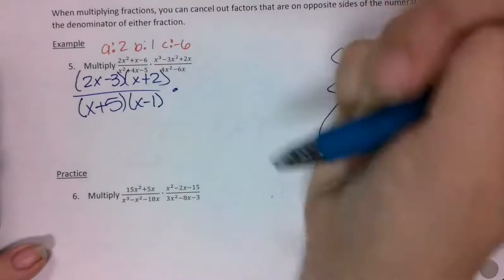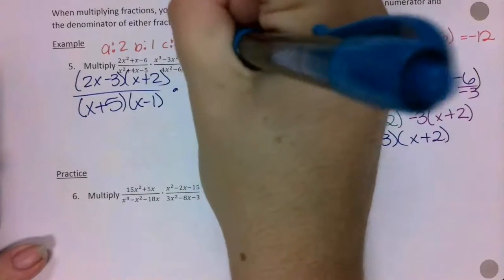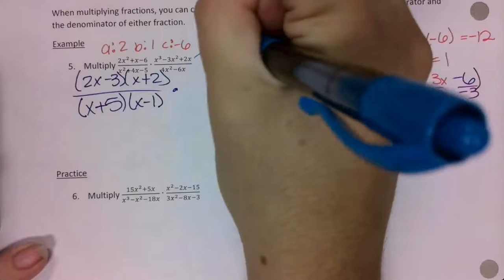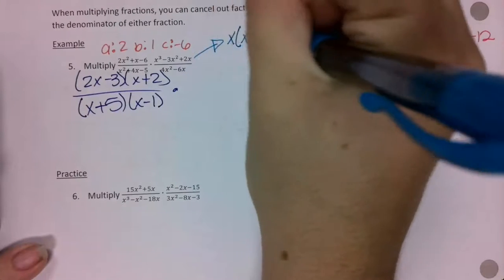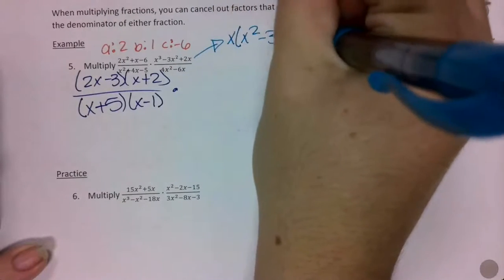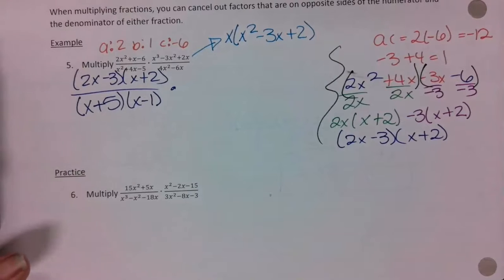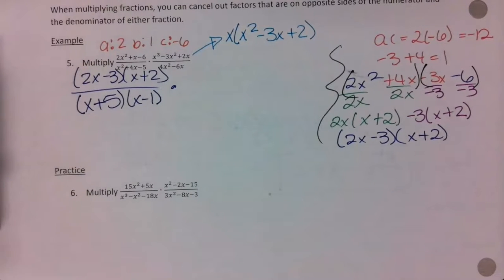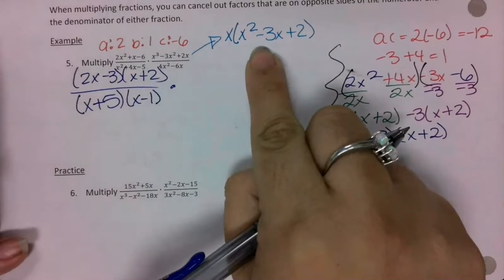On my numerator of my second fraction, I can pull out an x. So that's going to leave me with x squared minus 3x plus 2. So what multiplies to positive 2 and adds to negative 3?